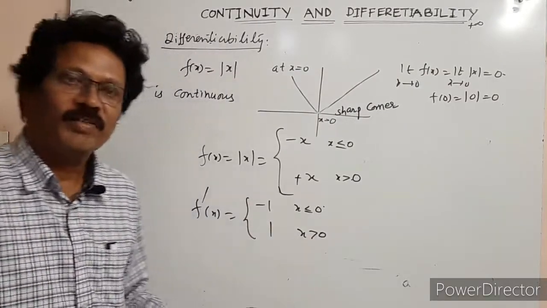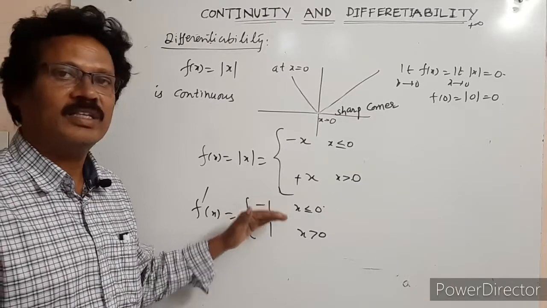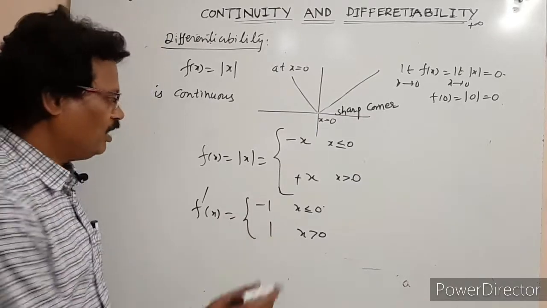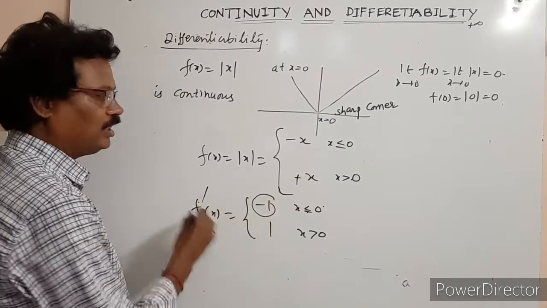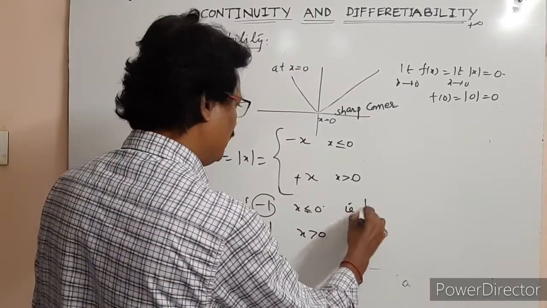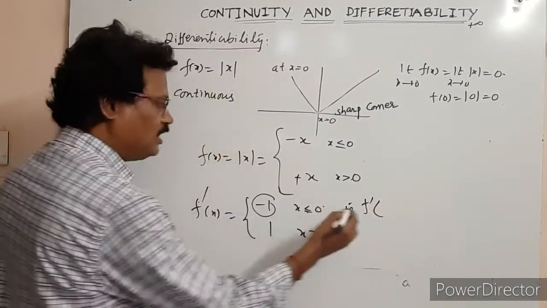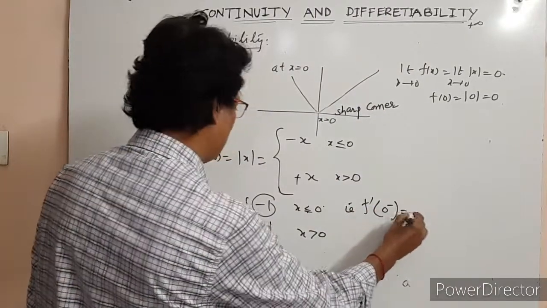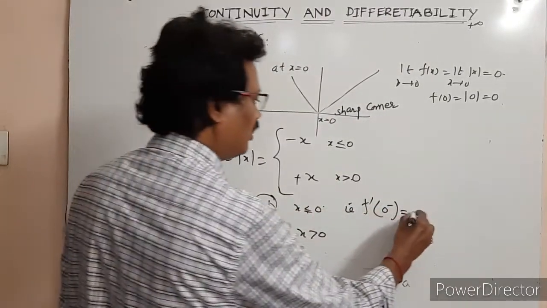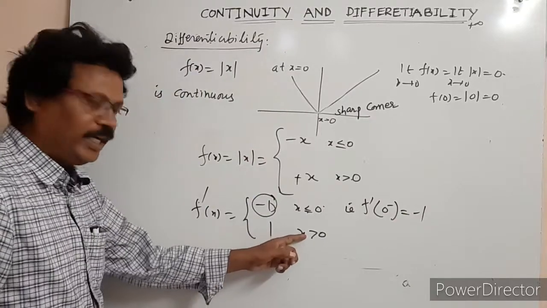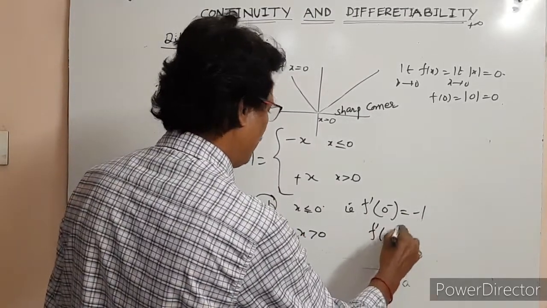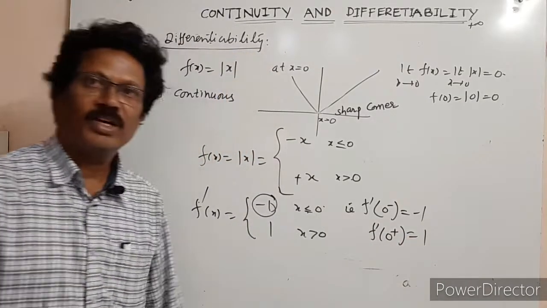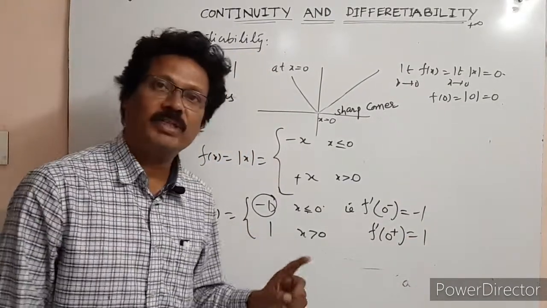Now if x is less than 0, the derivative is minus 1. That is f dash of 0 minus, we got minus 1. Now in the right derivative, x just more than 0, this is f dash of 0 plus, we got plus 1.